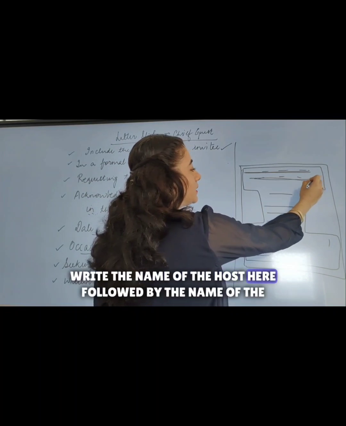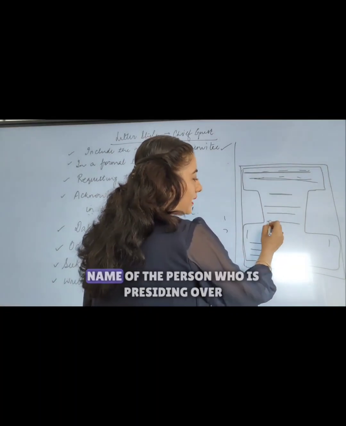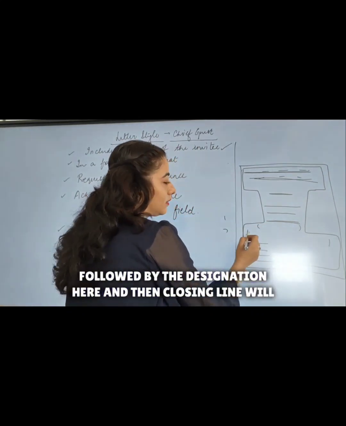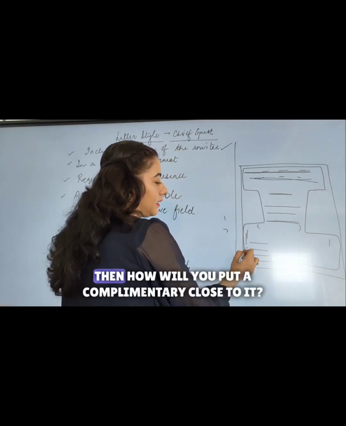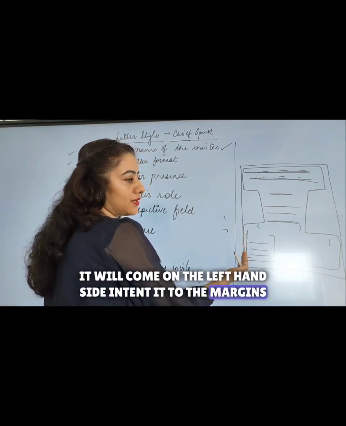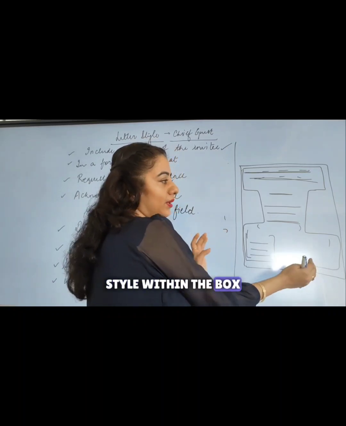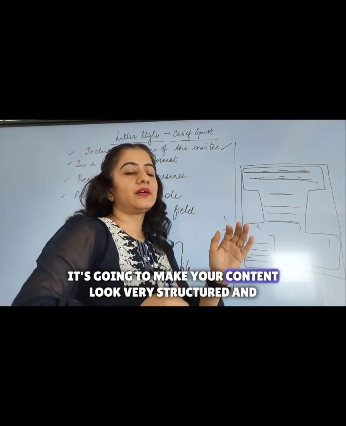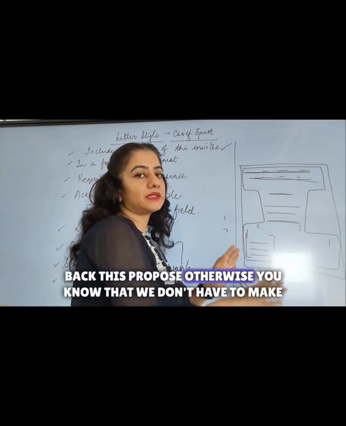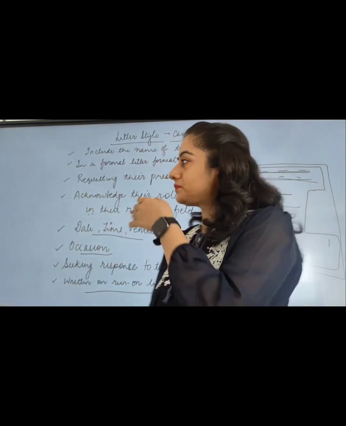Write the name of the host here, followed by the occasion, date, time, venue, name of the person who is presiding over, followed by the designation here, and then the closing line will come here. Then how will you put a complimentary close to it? It will come on the left hand side, indented to the margins. So if you practice it in this dotted I style within the box, it's going to make your content look very structured and organized. This is only meant for practice purposes. Otherwise, you know that we don't have to make anything inside the box except the content.